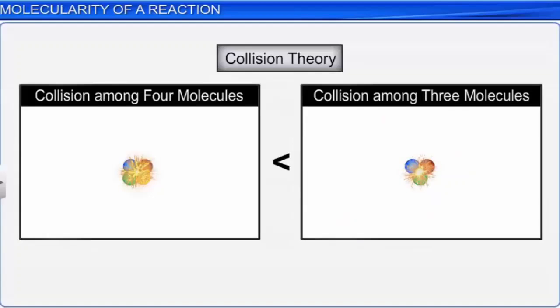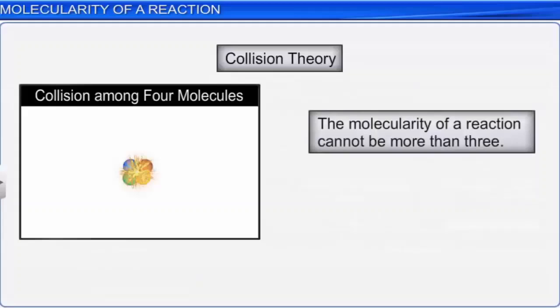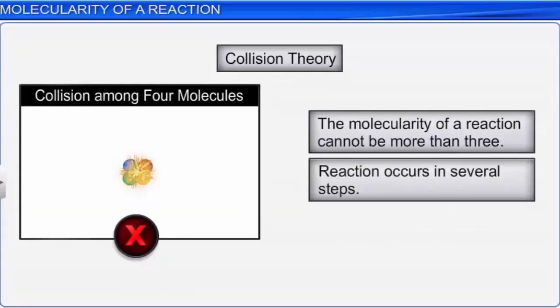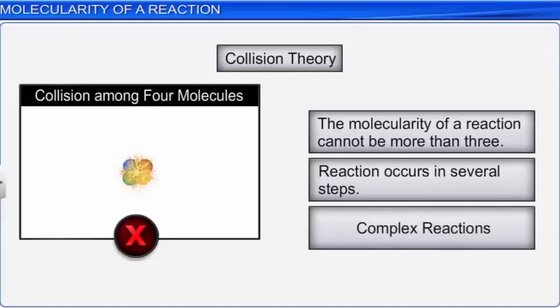Hence, reactions involving more than three molecules are very rare. Therefore, the molecularity of a reaction cannot be more than 3. Reactions involving more than 3 molecules take place in several steps, and such reactions are called complex reactions.